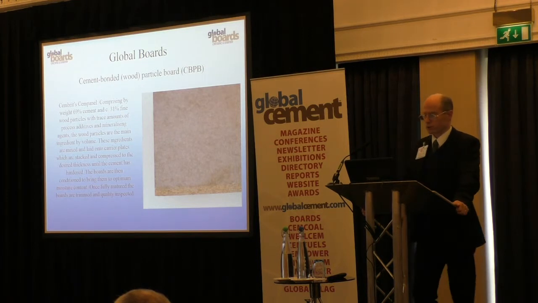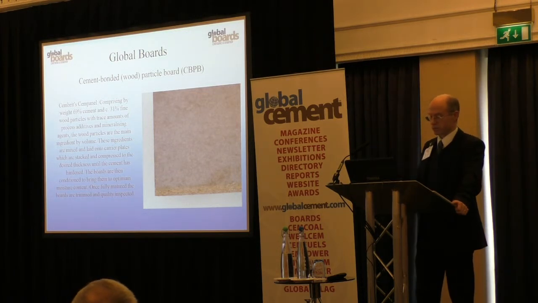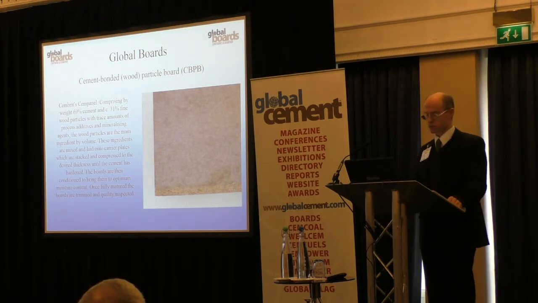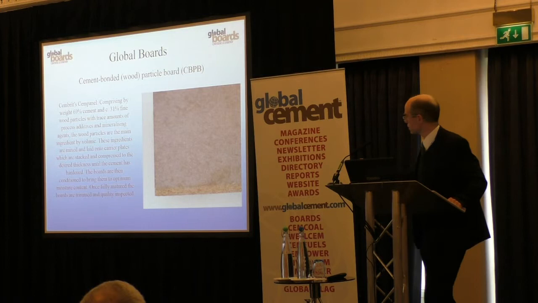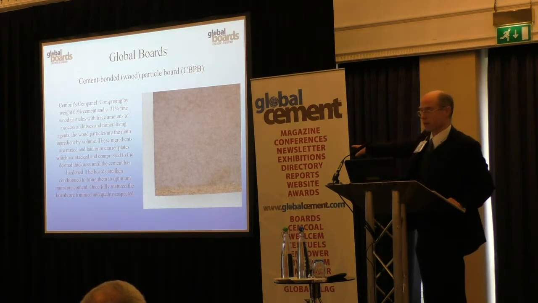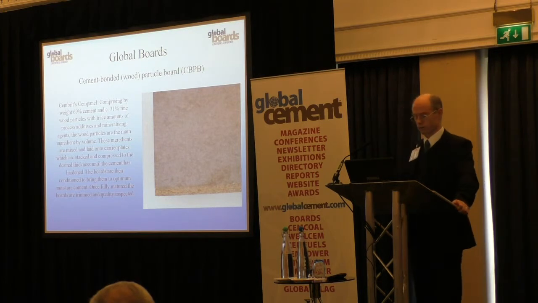But it also includes process additives and mineralizing agents. And the ingredients are mixed and laid onto carrier plates, which are stacked and compressed to the desired thickness until the cement is hardened. The boards are then conditioned to bring them to optimum moisture content, and once fully matured, the boards are trimmed and quality inspected. You can't really see the detail on this, but these particles are fairly close.